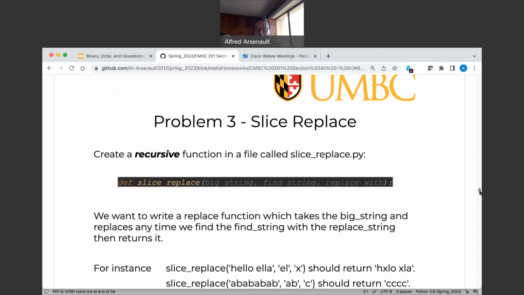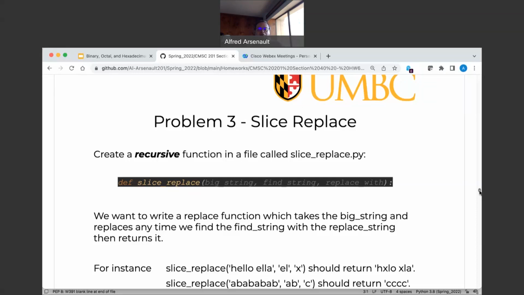When you submit the homework, you will submit a file called slice_replace.py, which will contain a function exactly as shown here. Def slice_replace with 3 parameters, big_string, find_string, and replace_with. You must submit an answer that has the function signature, the function name, and parameters exactly as you see here. Otherwise, the test code won't work, and that doesn't do well for your grade.